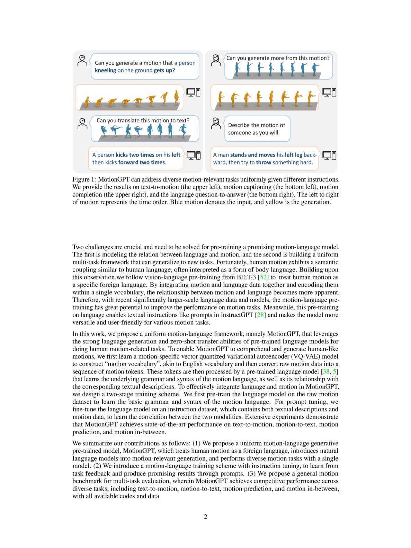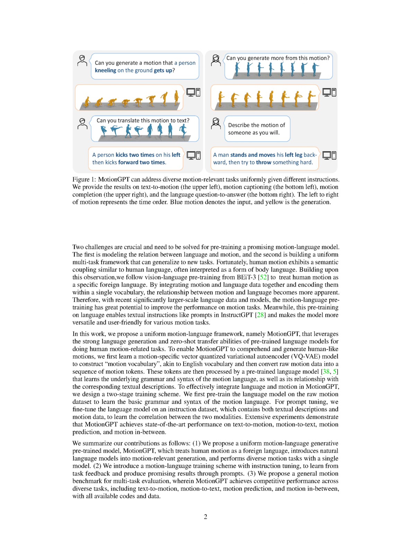To summarize our contributions: 1. We've proposed a uniform motion language pre-trained model, MotionGPT, which treats human motion as a foreign language, brings natural language models into motion-related generation, and performs various motion tasks with a single model. 2. They introduced a motion language training scheme with instruction tuning, which learns from task feedback and provides promising results through prompts. 3.